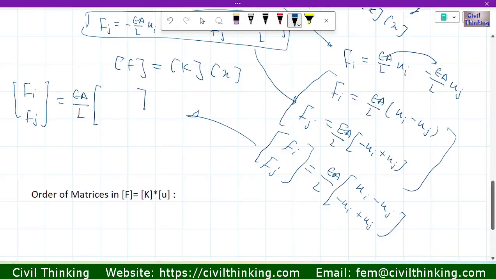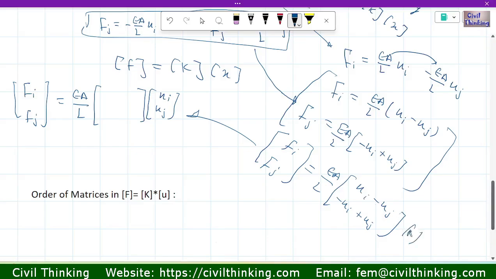times, now see, this is Ui, Uj, Ui, Uj. So Ui and Uj are the only two variables here, okay? So I can put them here, Ui and Uj. When we remove the Ui and Uj, here it is going to be 1, minus 1, minus 1, and 1, right? Because I kept Ui and Uj outside.